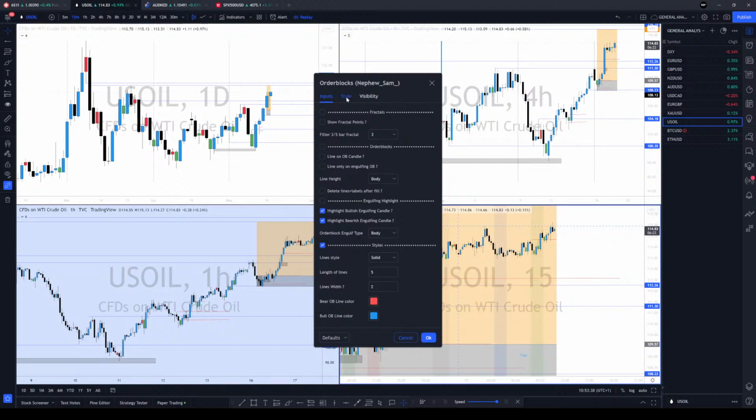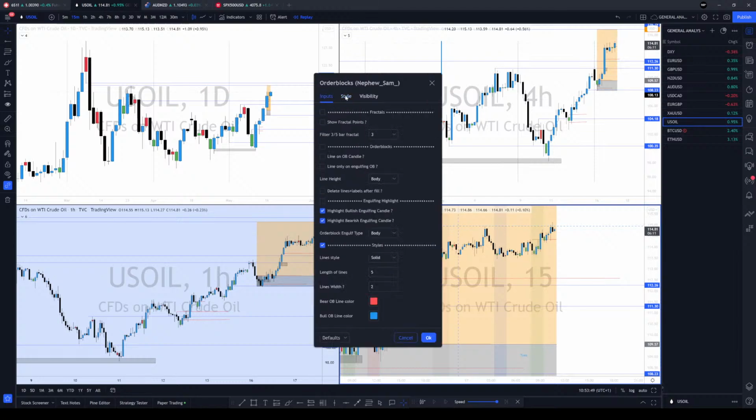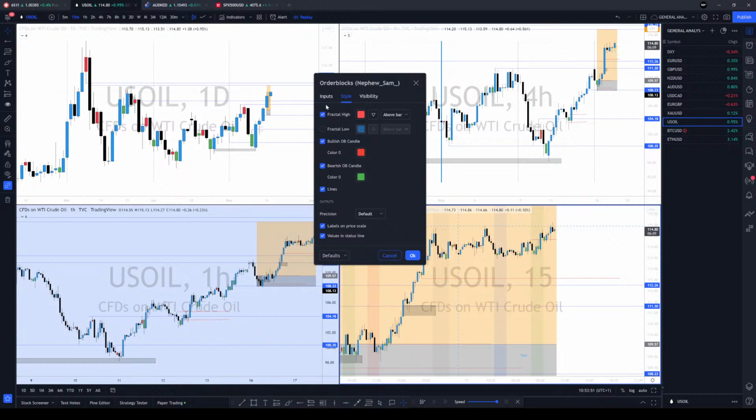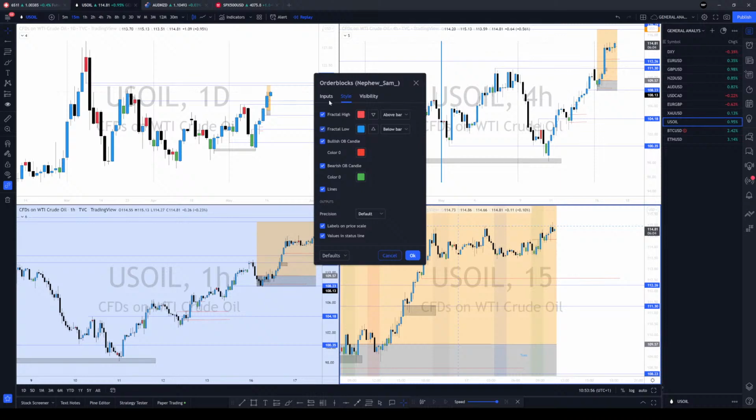Then you go on to style, and on style you can get rid of all of these if you want to. I don't use fractals. If your fractals is on, then these are going to be meaningful, but if your fractals is off, then it's not going to mean anything. So you can turn them off. The only important things here are this and that. You want to change it to the color that you prefer.